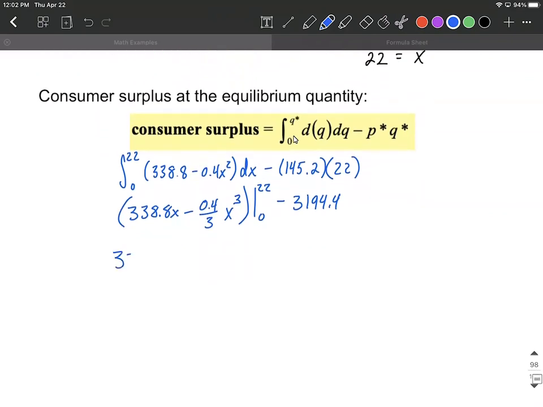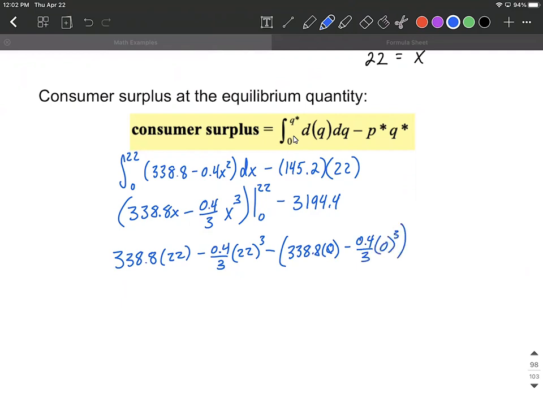All right, next up, we need to fill in our bounds of integration. So we have 338.8 multiplied by 22 minus 0.4 divided by 3 multiplied by 22 cubed. From that, we're supposed to subtract 338.8 multiplied by 0 minus 0.4 divided by 3 multiplied by 0 cubed, minus 3194.4.